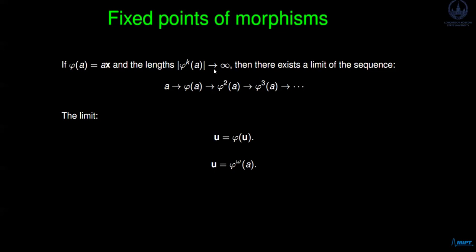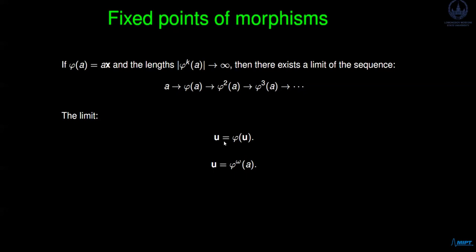This limit, denoted by u, is a fixed point of the morphism, meaning it satisfies u equals phi of u. In other words, applying the morphism to u doesn't change it. It is stable under the action of phi.